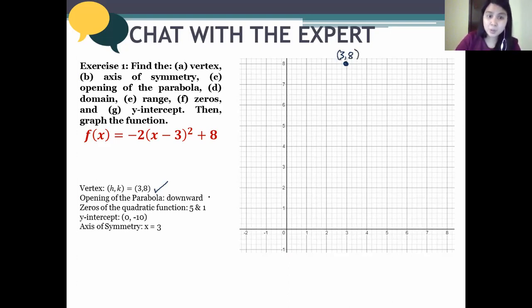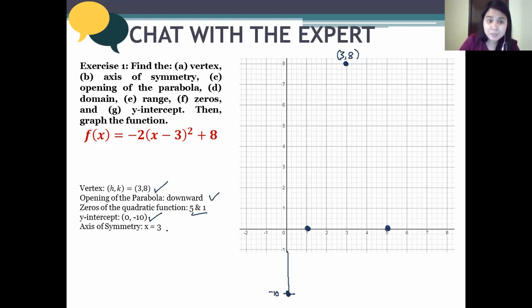Remember, our parabola opens downwards. What are the zeros? 5 and 1. 5 on the x-axis and 1. The y-intercept is 0, negative 10. We have a very long one there.